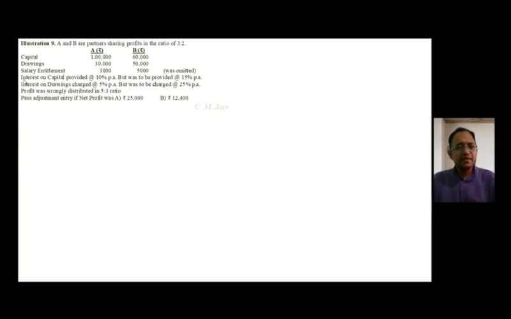Then write interest on capital provided at 10% per annum, but was to be provided at 15% per annum.